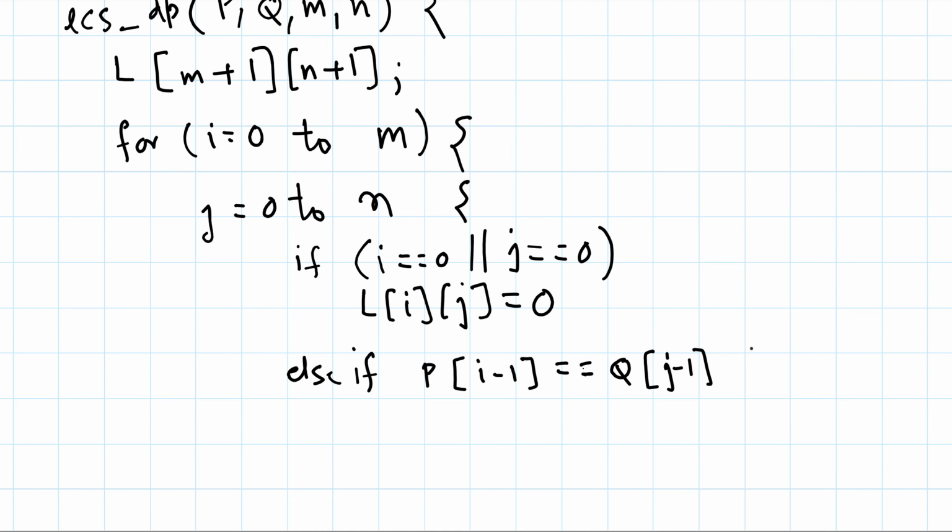If the last characters are equal, then we will take the diagonally upper element and add 1 to it.